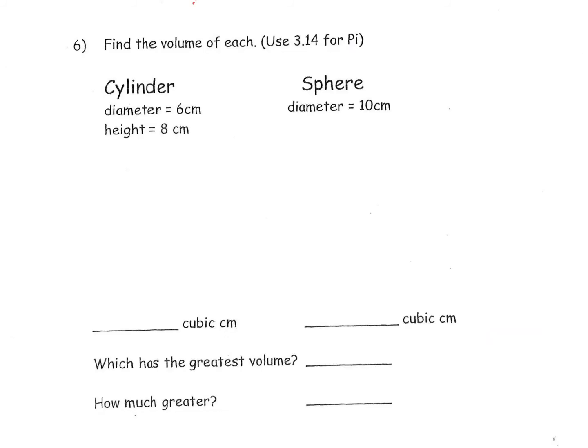In problem number 6, it states, find the volume of each. Use 3.14 for pi. We're given information about a cylinder with no picture, and the same with the sphere. If you look at your formula sheet, you will see the volume formula for a cylinder is volume equals pi times r times r times h.